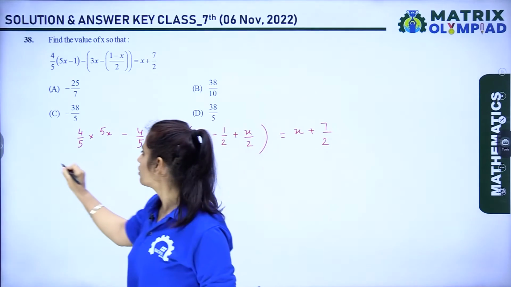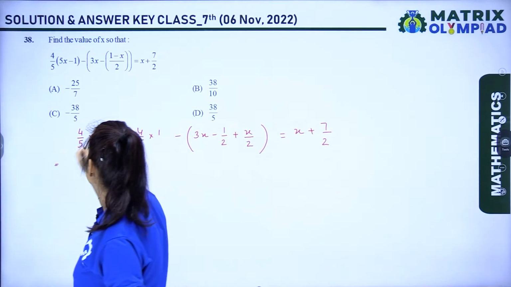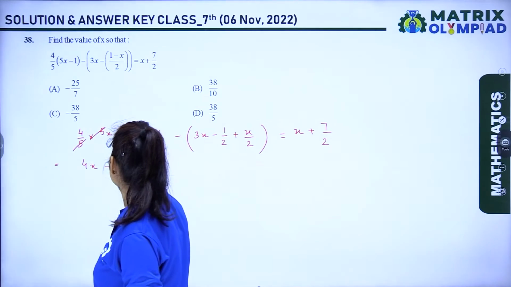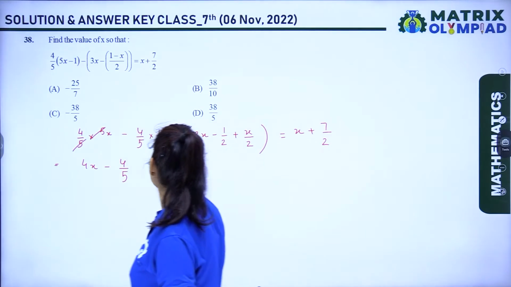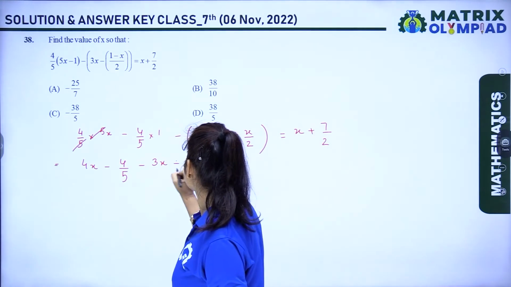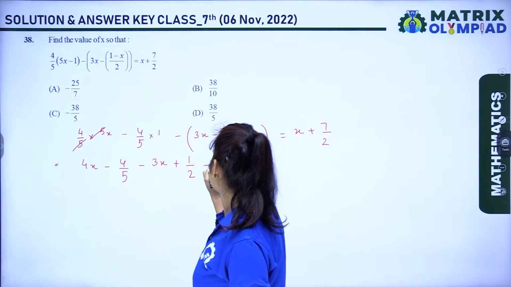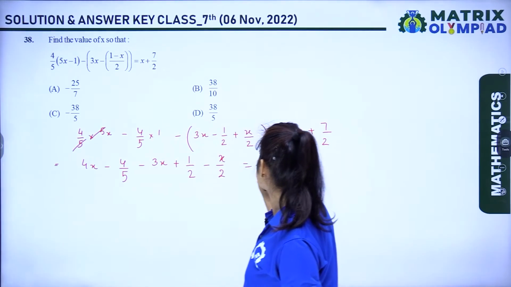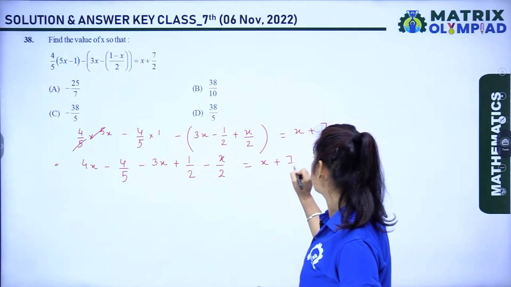Now let's begin with the next step. Here after cancellation we get 4x minus 4 upon 5. Here after opening the bracket we get minus 3x plus 1 by 2 minus x upon 2, that is equal to x plus 7 upon 2.